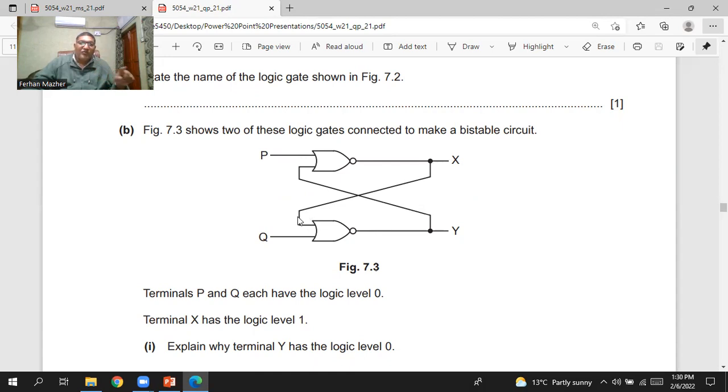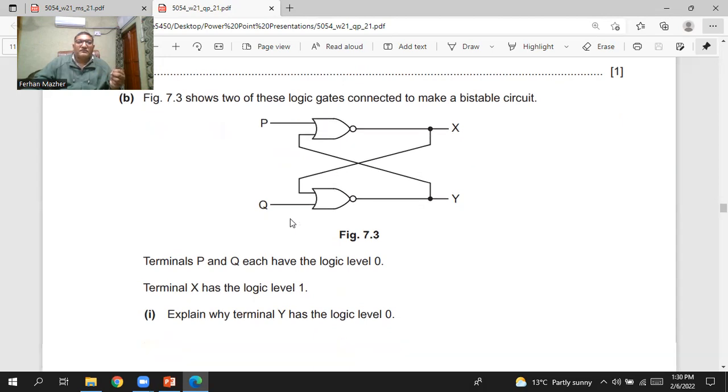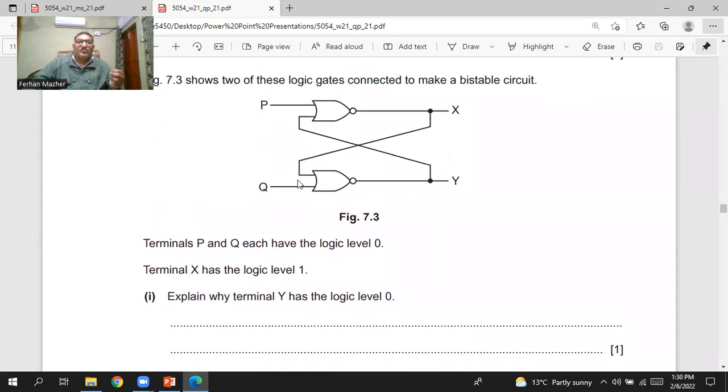So this 1 output will be given here. So it's 0 and it is 1. See, it was 0, it was 1, and this was also 1.